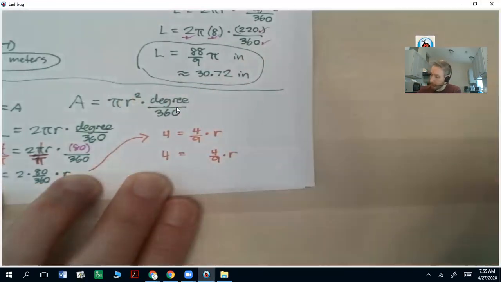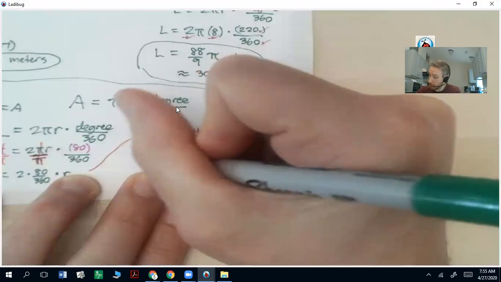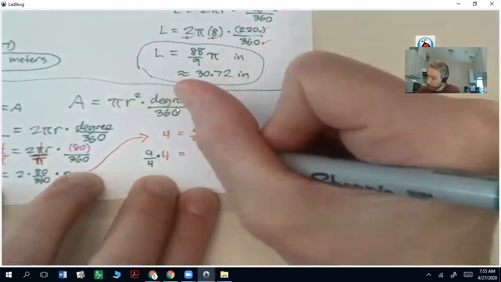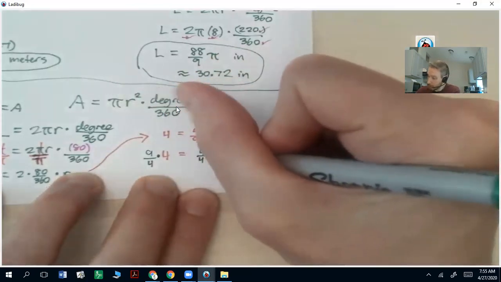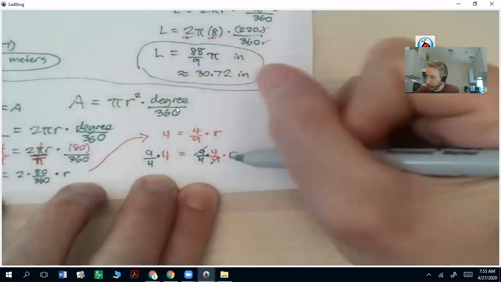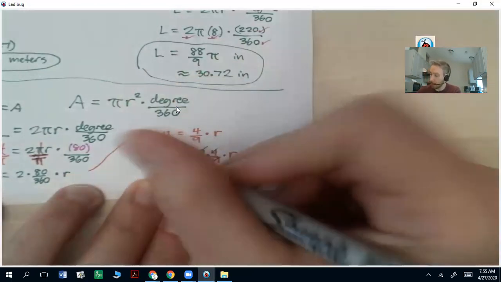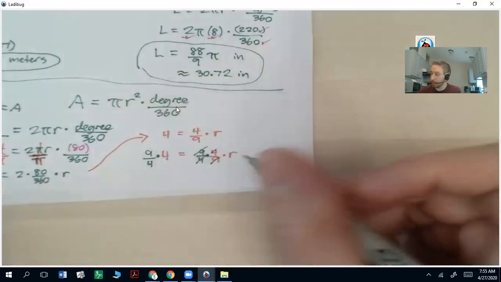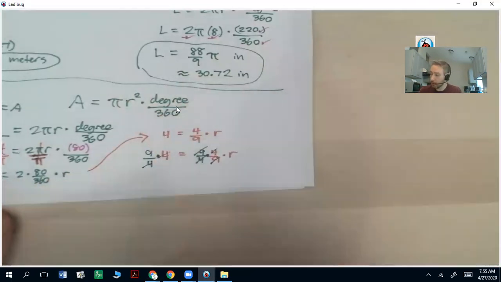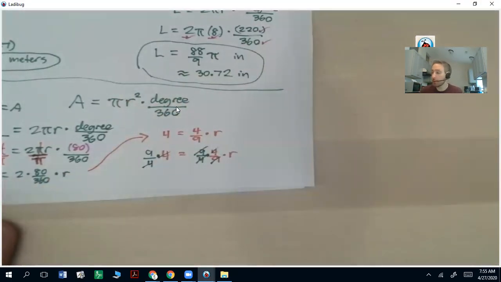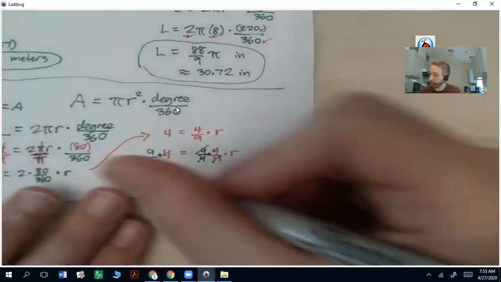If I multiply both sides by 9 over 4, that 9 will cancel out this 9. And then 9 times 4 divided by 4. Well, those 4s will cancel out. So guess what? Your radius is simply going to be 9. 9 even.